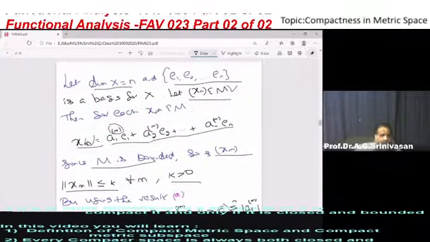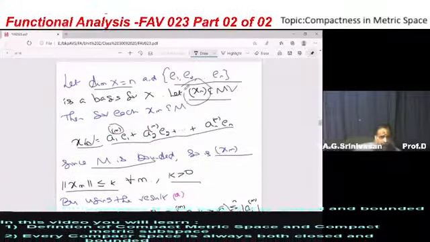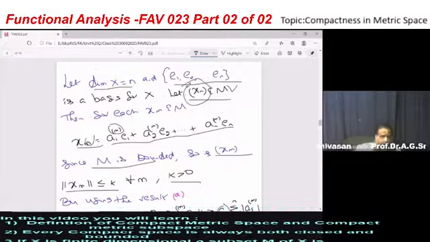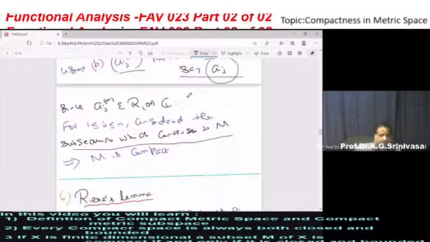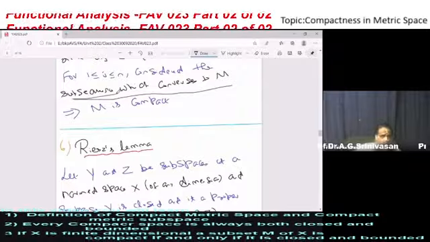Therefore, every sequence Xn has a convergent subsequence.